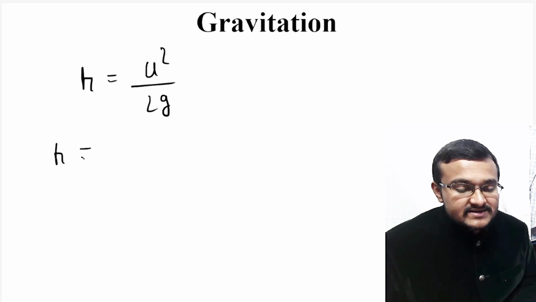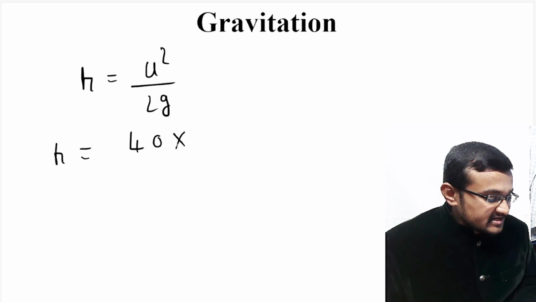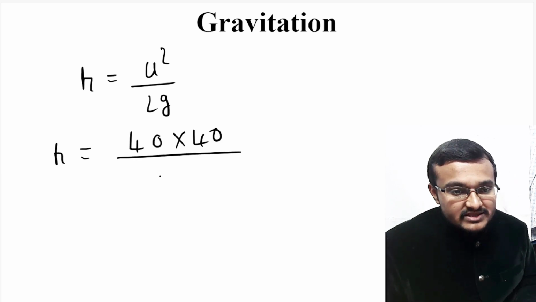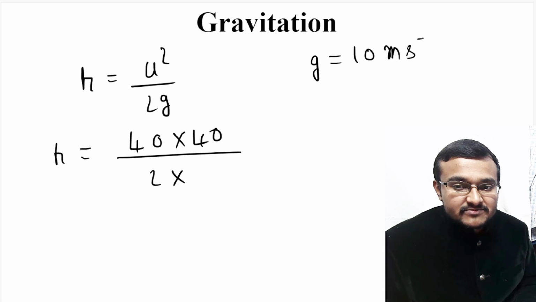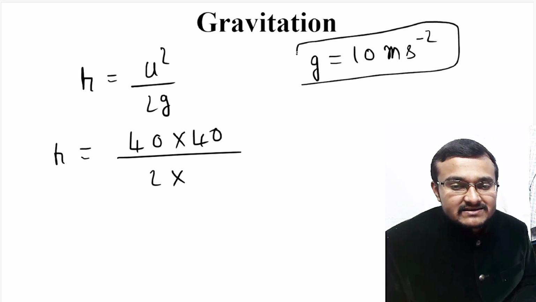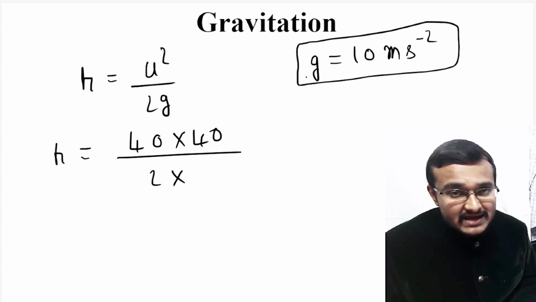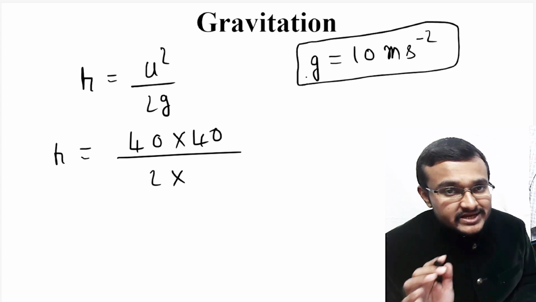So the height h is equal to u square over 2g. u is 40 meter per second, so 40 into 40 will be there in the numerator. In the denominator, they are telling us to consider the acceleration due to gravity of Earth as 10 meter per second square. Whenever they tell you to take 10 as the acceleration due to gravity, you should take it.